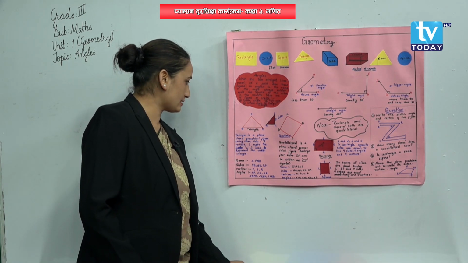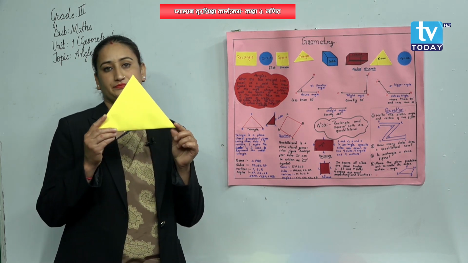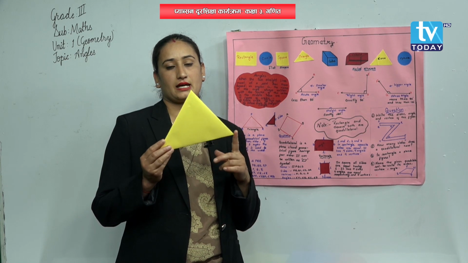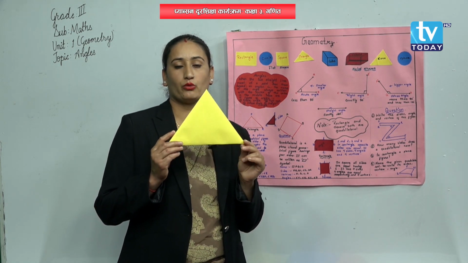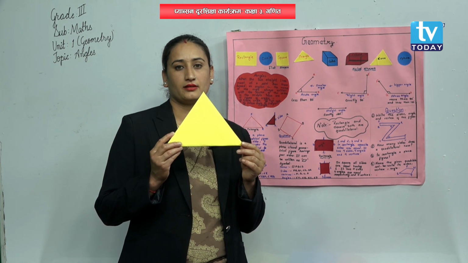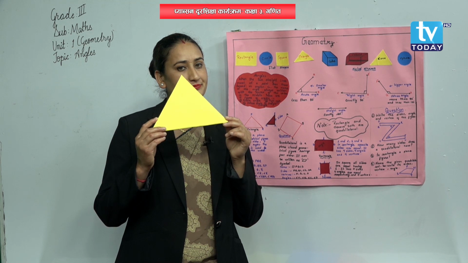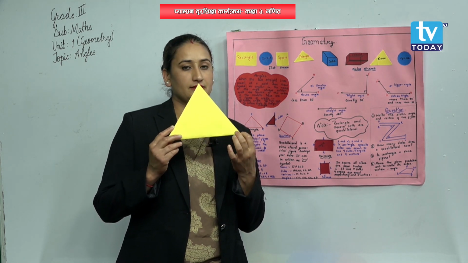Okay, have you seen this type of triangle over here? What is this? Can you guess and tell me the answer? Okay, what is this? This is the triangle. What is this? This is the triangle.